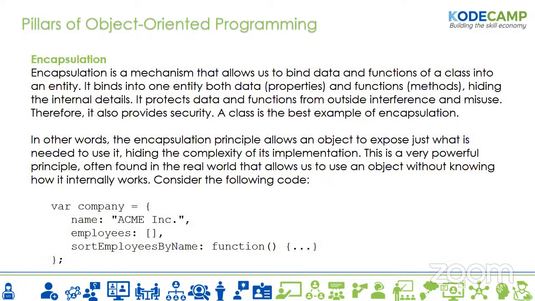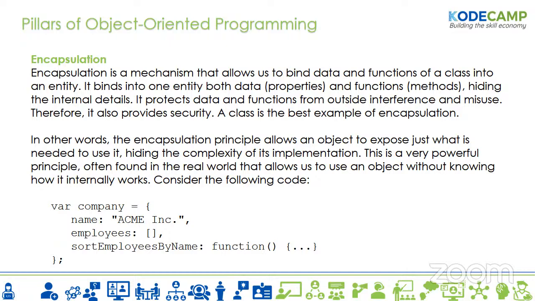The next we look at is encapsulation. Now, when we talk about encapsulation, encapsulation is a mechanism that allows us to bind data and functions of a class into an entity. Okay, so you have data and you have functions of the class, and you want to bind them together to make one entity.